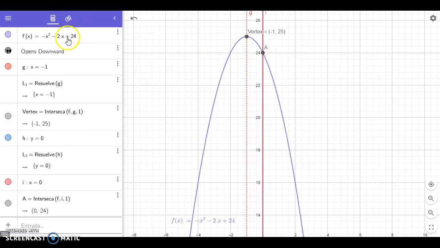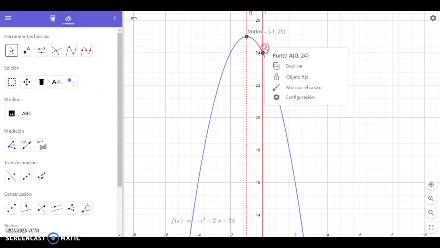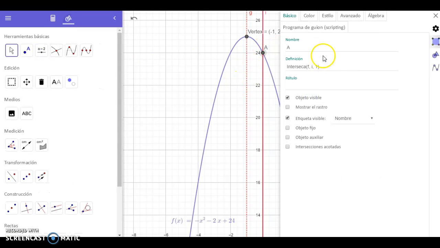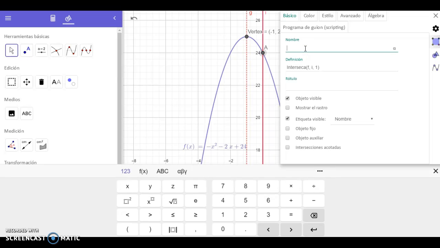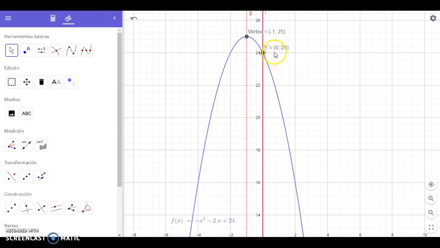And also by the formula, looking at plus 24. Okay, so we do it again as we did with the vertex. We change name to y-intercept, and we show the visible etiquette as name and value. Okay, so y-intercept is equal to 24.